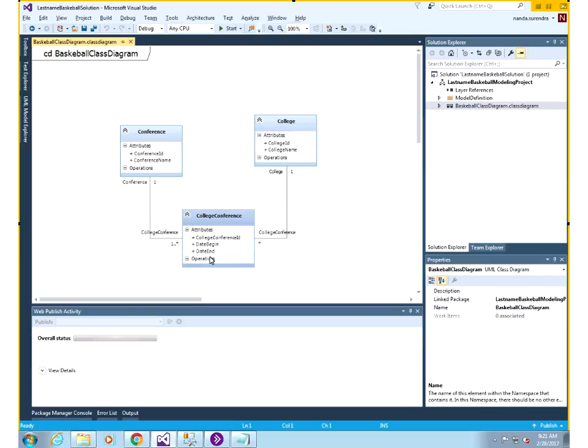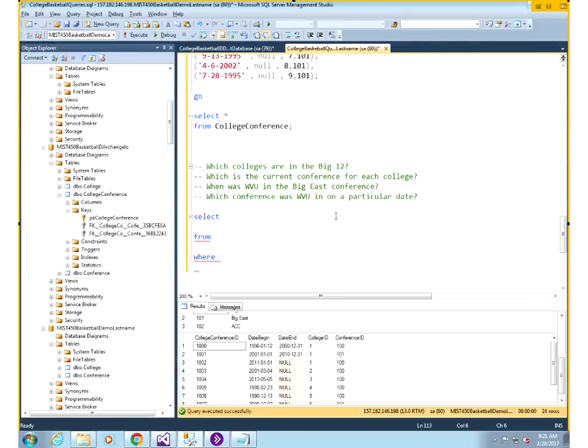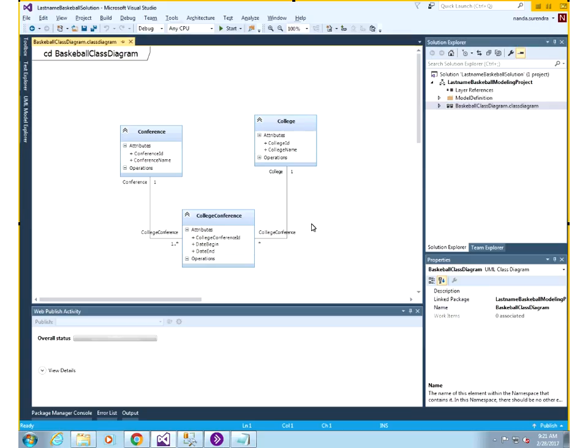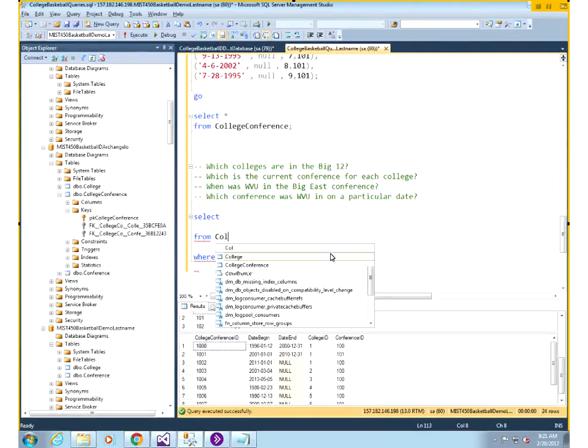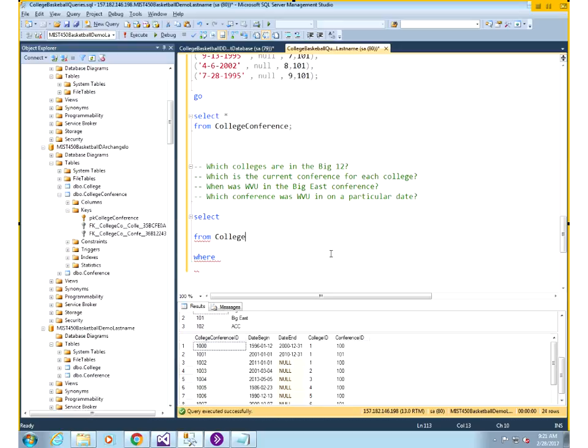Okay, so are these two sufficient for finding out which colleges are in the Big 12? So you're saying from college, and then college conference, so how do we bring in the second table?